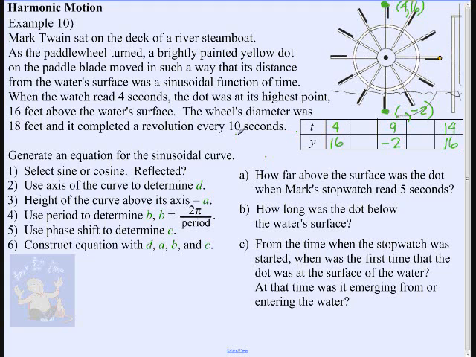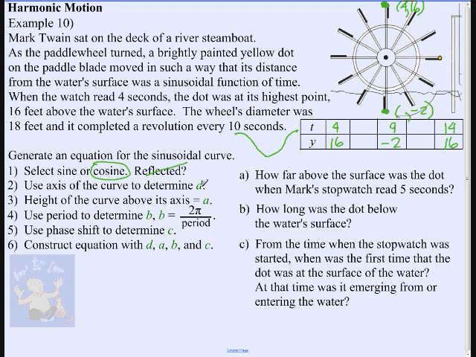So got something looking like this. So I think we'll call this cosine, right? And is it reflected? No, it's not.